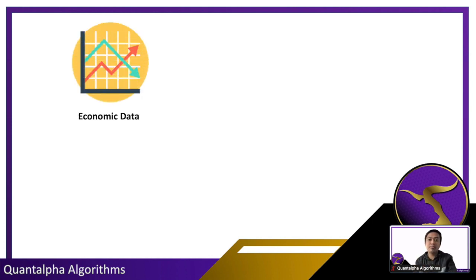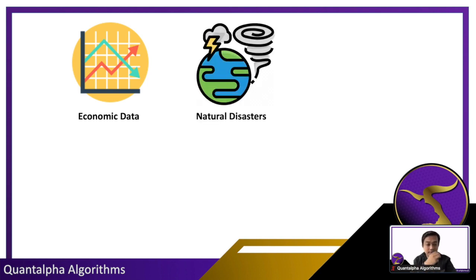I have my data visualization for this economic data. Some of the most common economic data are the CPI, the interest rates, and in the US every Friday, the NFP, the non-farm payrolls. We will dive deeper into that. Then natural disasters can actually have an impact on your country's currency.